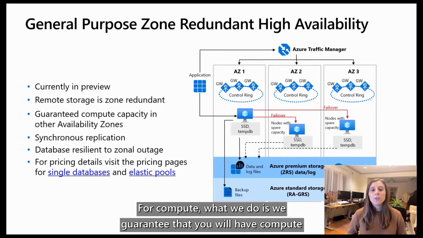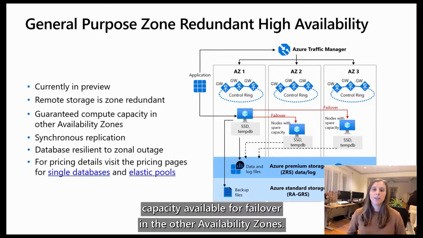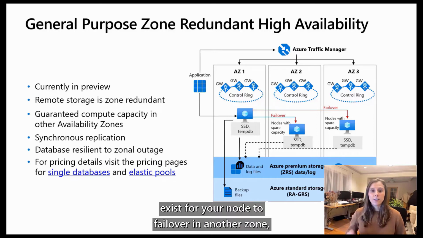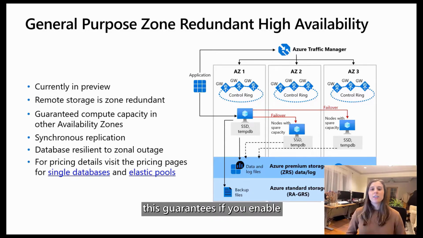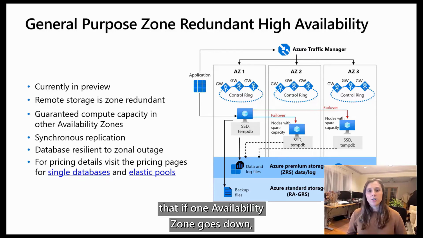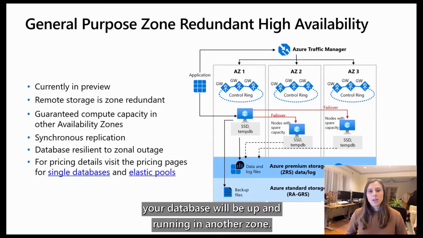Now for compute, we guarantee that you will have compute capacity available for failover in the other availability zones. Since we guarantee that this compute capacity will exist for your node to fail over to another zone, this guarantees that if you enable the zone redundant configuration for the general purpose tier and one availability zone goes down, your database will be up and running in another zone.